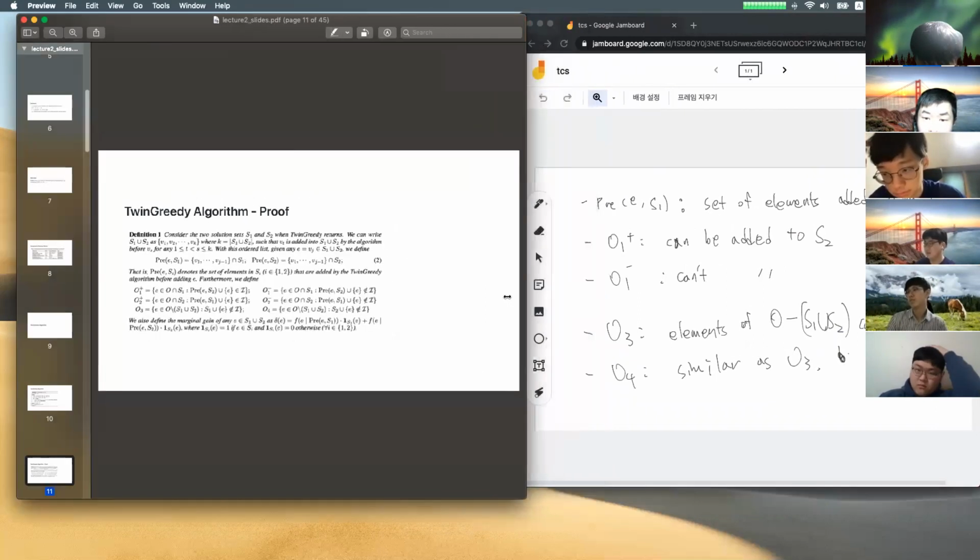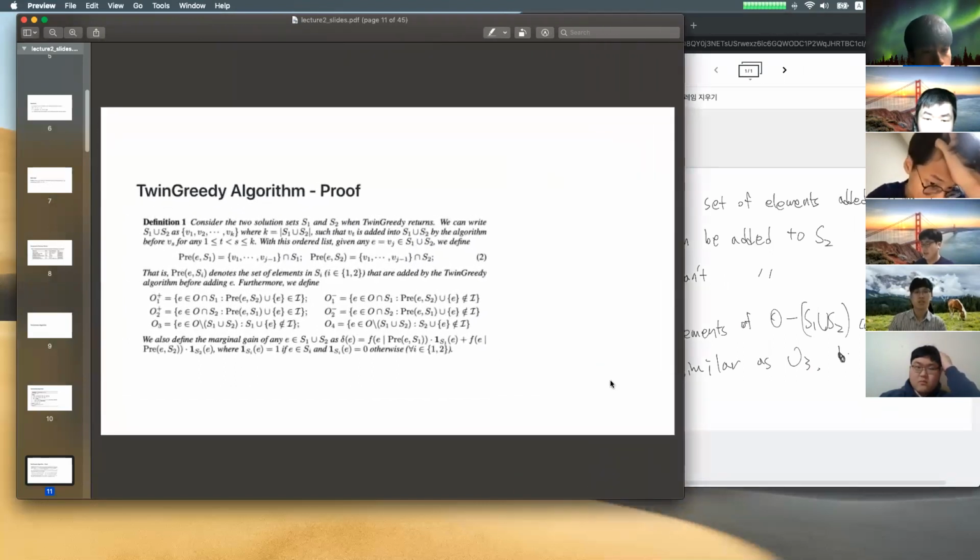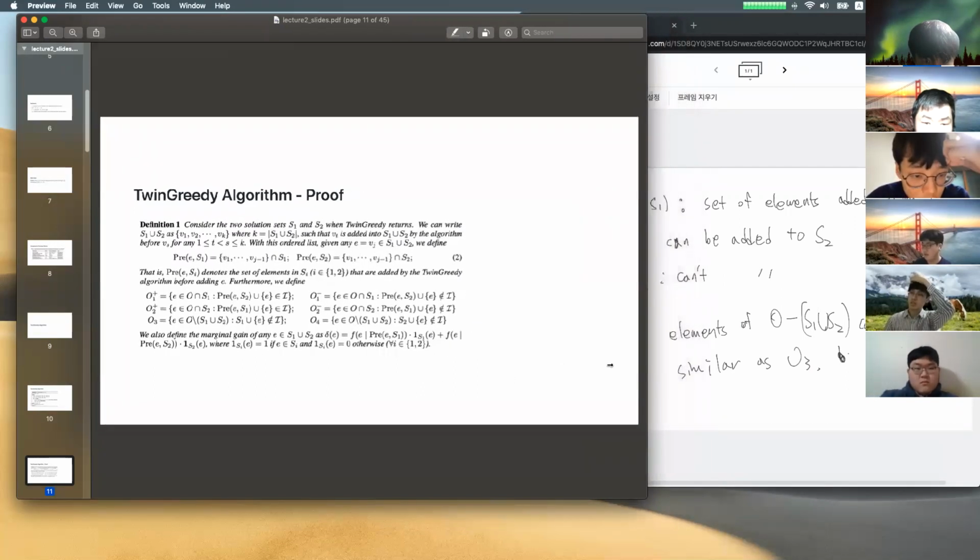We also define the marginal gain of an element of S1 union S2 as delta E. That means how much f(S1) plus f(S2) increased when E was added.